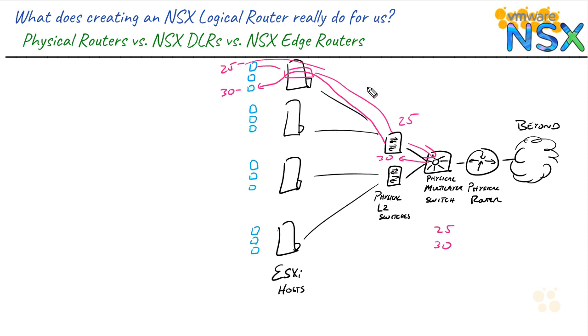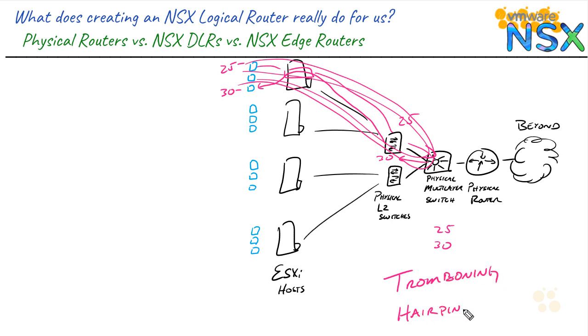So this out and back process happens every time we need to have communication between two virtual machines that are on different VLANs, even if they happen to be hosted on the same ESXi host. And that process is known as tromboning or hairpinning.